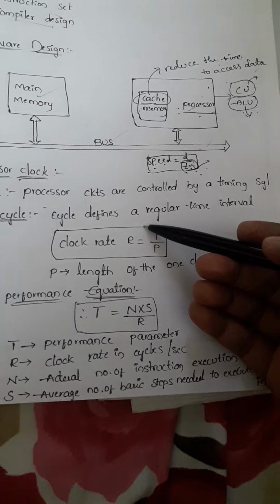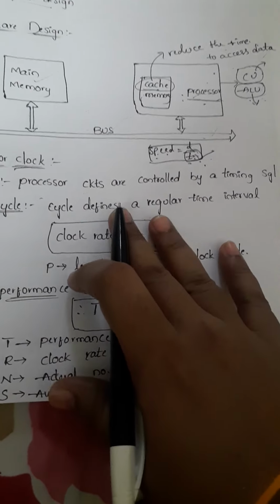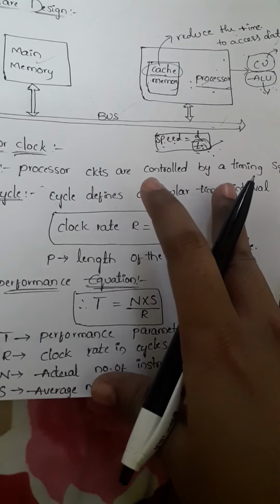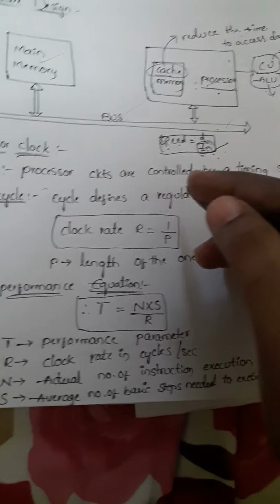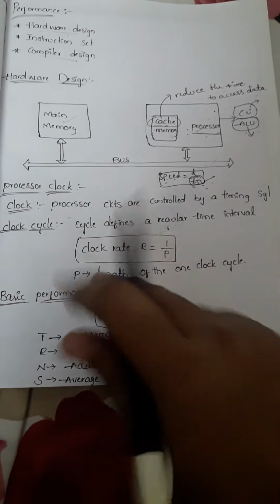Clock cycle is this: whenever the processor performs instructions, the processor first divides that instruction into a sequence of basic steps. Each basic step requires one clock cycle to execute.